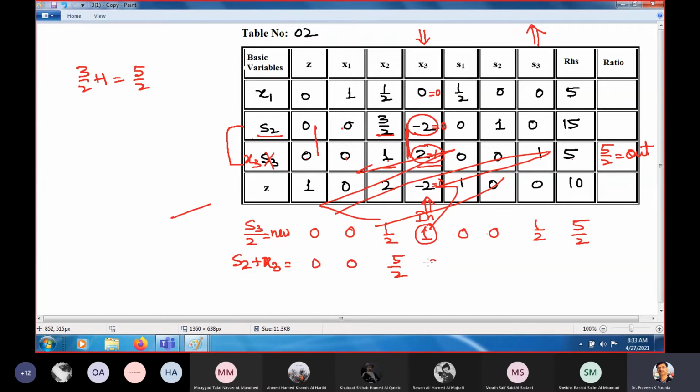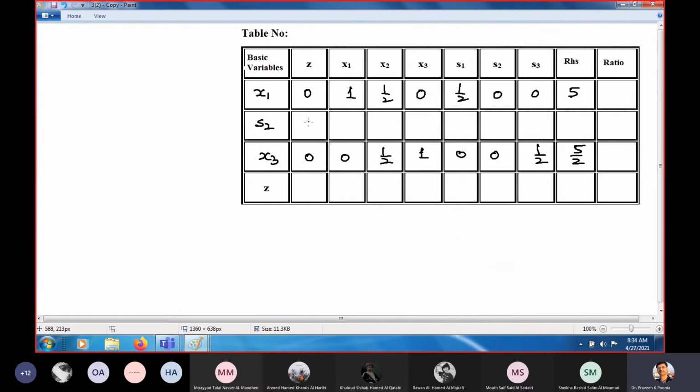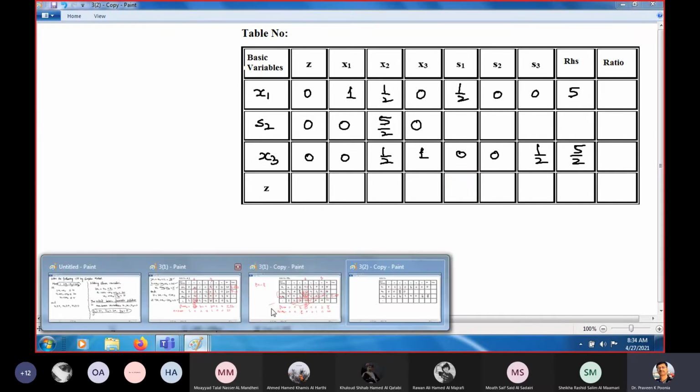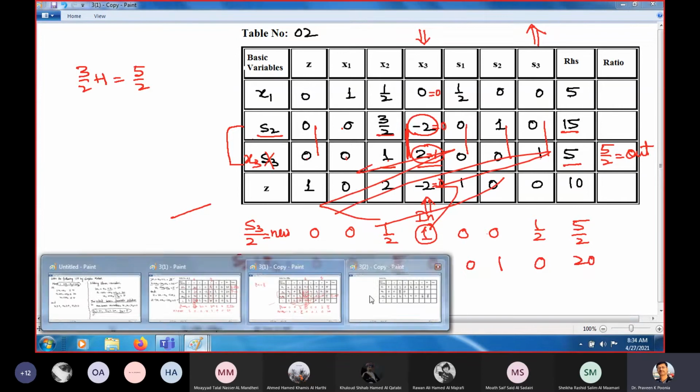Minus 2 plus 2, it is 0. 0 plus 0, it is 0. 1 plus 0, it is 1. 0 plus 1, it is 1. And 15 plus 5 is 20. So the next row is 0, 0, 5 by 2, 0, and the next one is 0, 1, 0, 20.